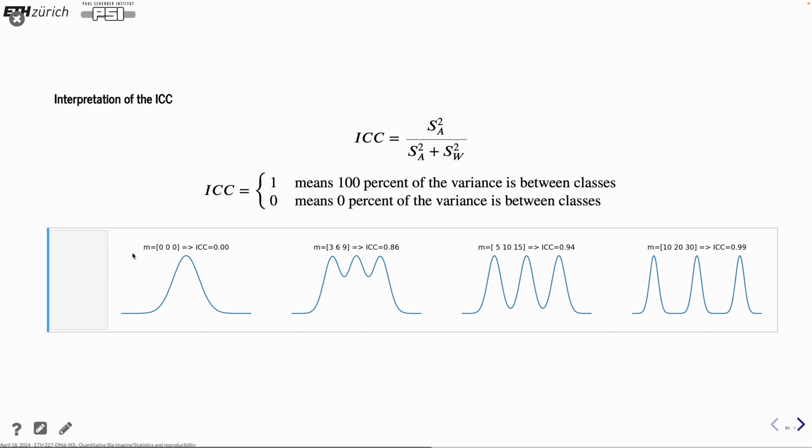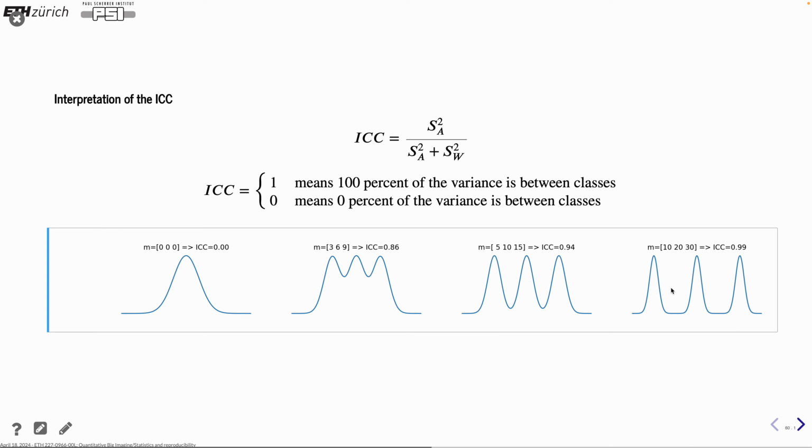So the plots down here, we have first averages all overlapping, meaning ICC is equal to 0. If we now have some separations, you can easily see that they are separable in some sense with a threshold. Then we get an ICC already of 0.86.